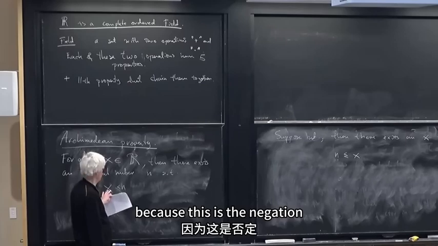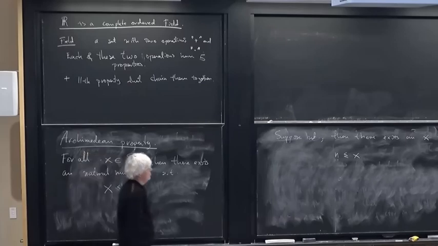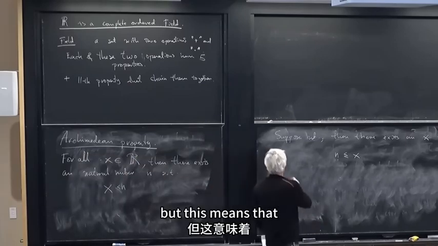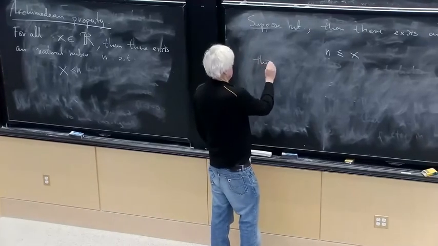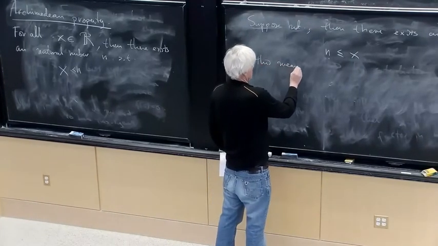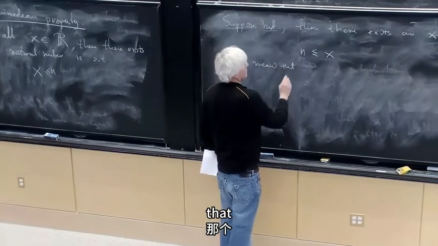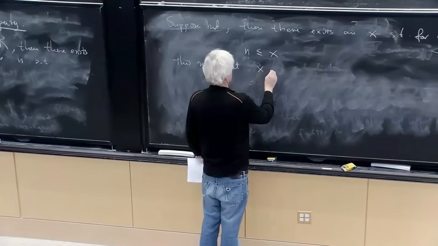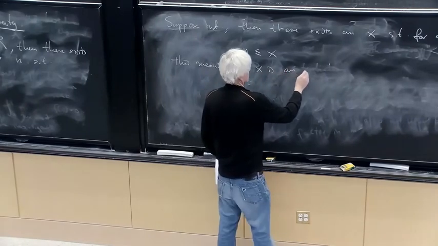Because this is the negation of that. But this means that x here is an upper bound.